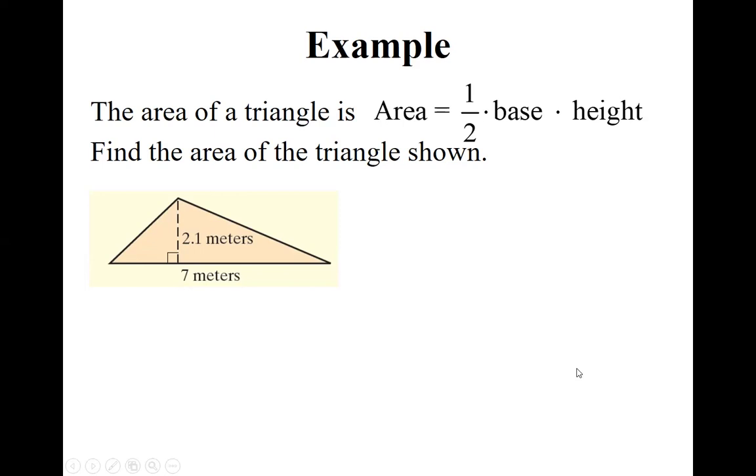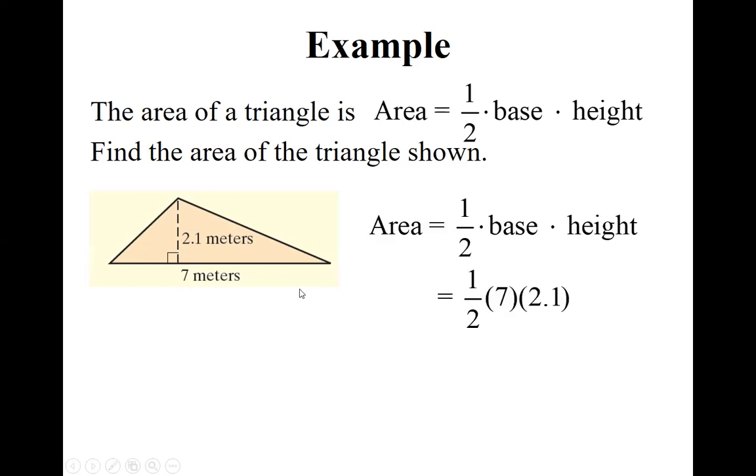The area of a triangle. New formula. 1/2 times base times height. So here we're mixing fractions with decimals. The base is 7 meters. The height is 2.1 meters. So 1/2 times 7 times 2.1.